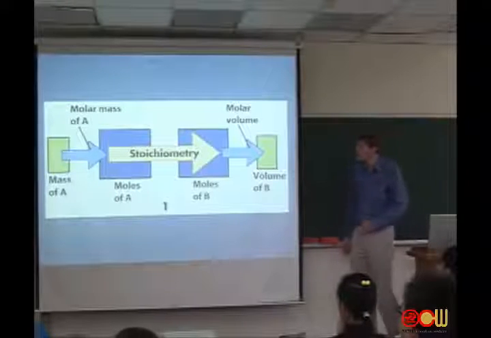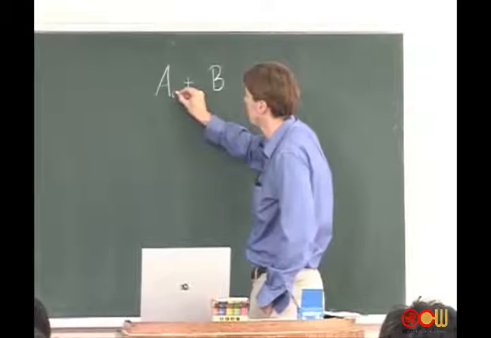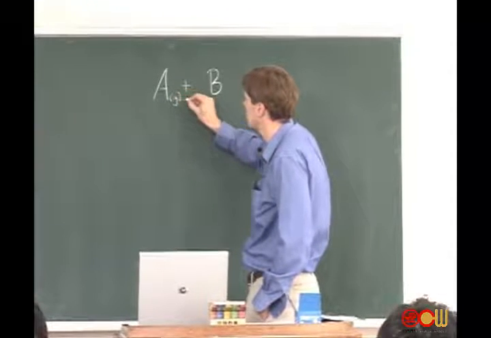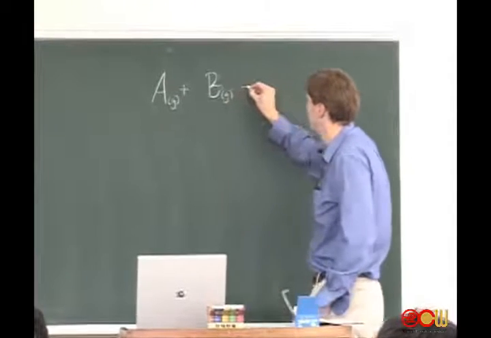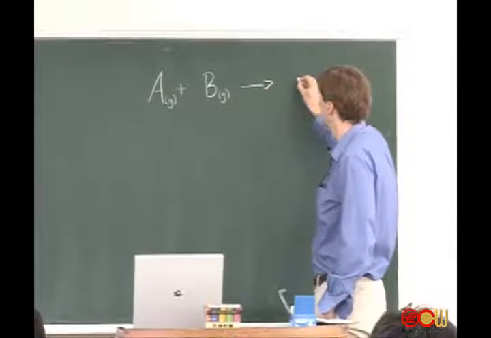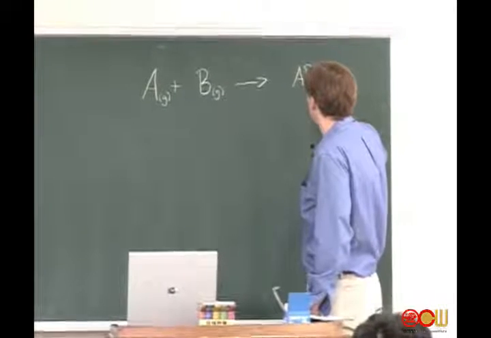Okay, this is interesting. When you have molecules reacting in a gas phase, for example, when you have molecule A reacting with molecule B, and usually we put here G to represent that it's a gas, and they give you molecule AB that is also a gas.